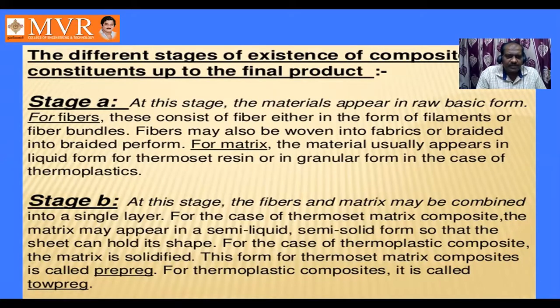Remember, students, in stage B, fibers and matrix may be combined into a single layer. For a thermoset matrix, the matrix may appear in a semi-liquid or semi-solid form to hold its shape. It is called a pre-preg for thermoset plastics and tau-preg for thermoplastics.